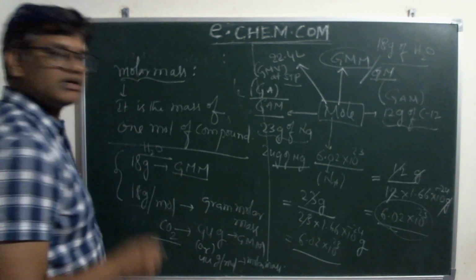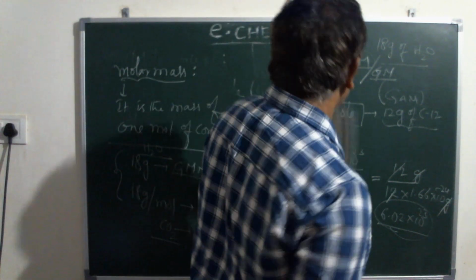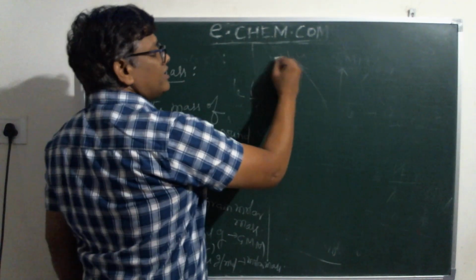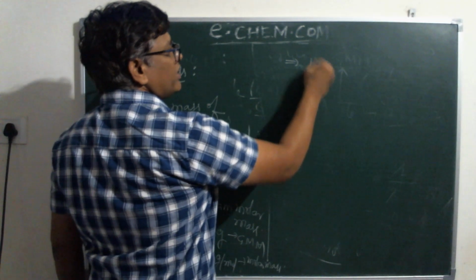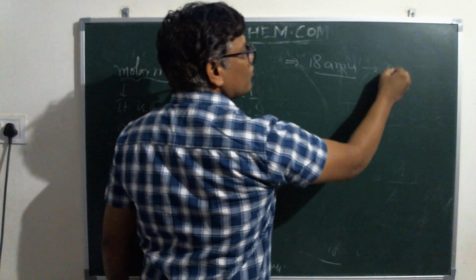So molar mass and gram molecular mass are the same, but the mass of water, if you express it in terms of AMU, suppose I am taking 18 AMU for water, this is nothing but the mass of one molecule.